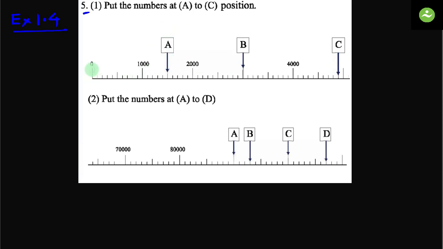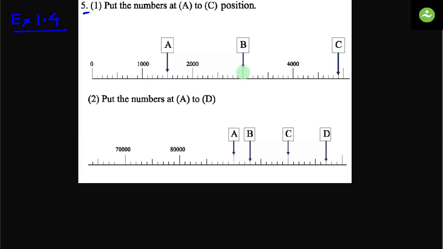So from 0, from this big mark to this big mark, the number is 1000. From this big mark to another big mark is another 1000.